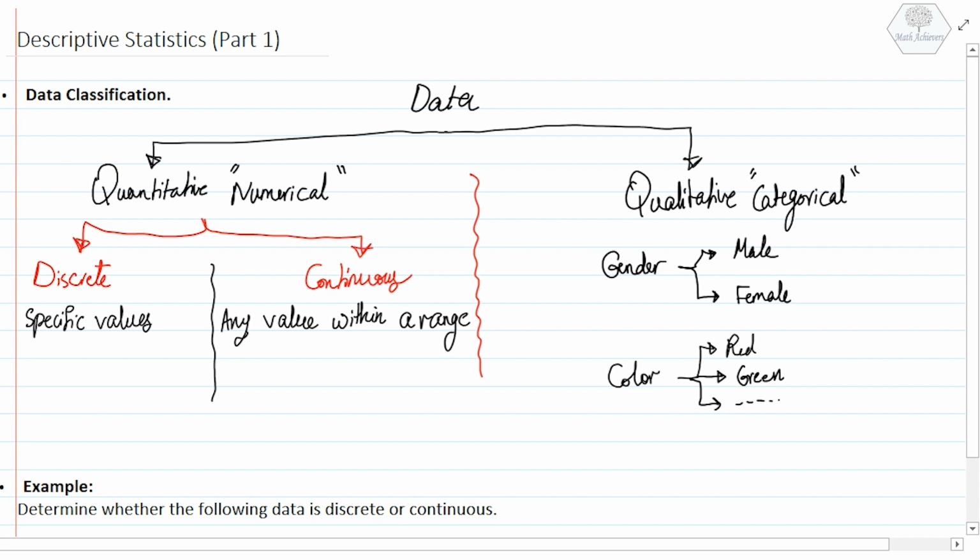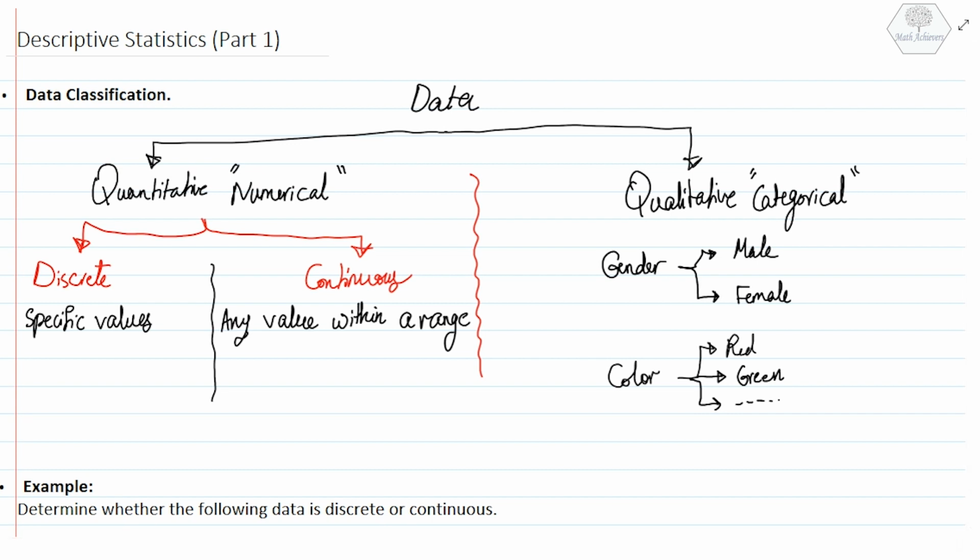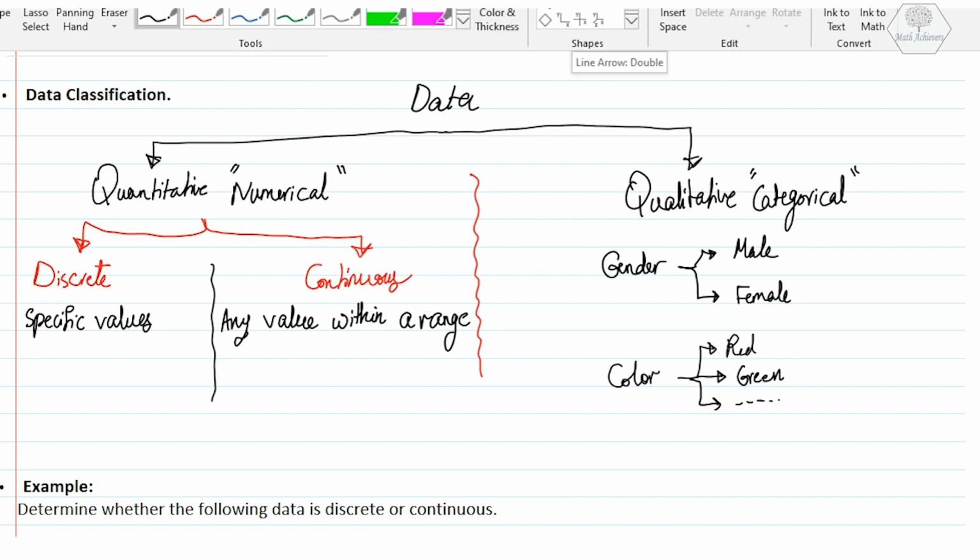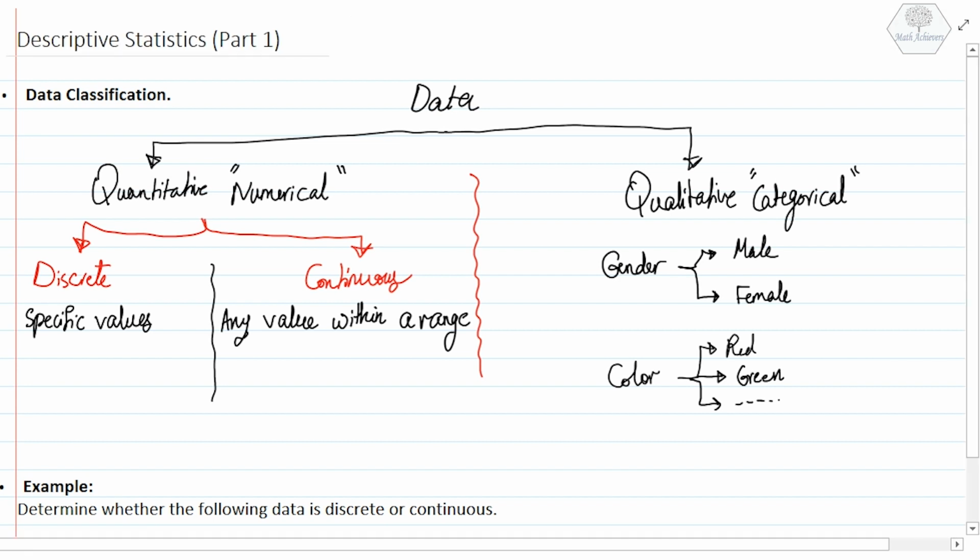I want to give you an example so you can understand the difference between discrete and continuous data. Let's say I have a bus.